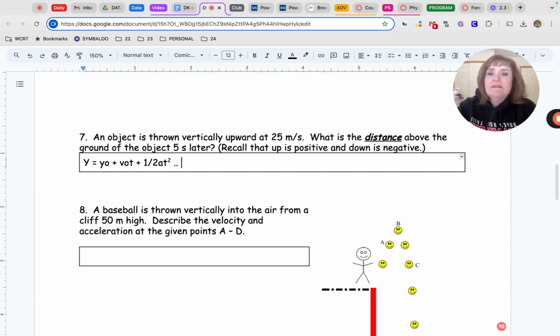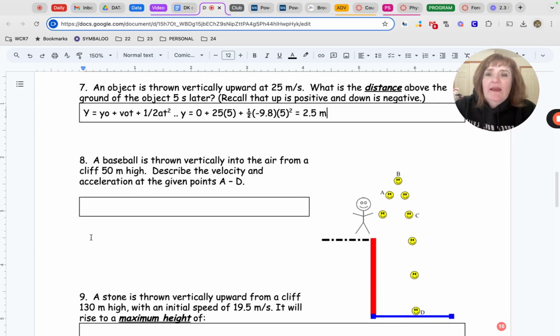So y is equal to 0 plus 25 times 5 plus 1/2 times a negative 9.8 times 5 squared, which is 25 times 5 plus 0.5 times a negative 9.8 times 5 squared. That comes to 2.5 meters. It is 2.5 meters off the ground.